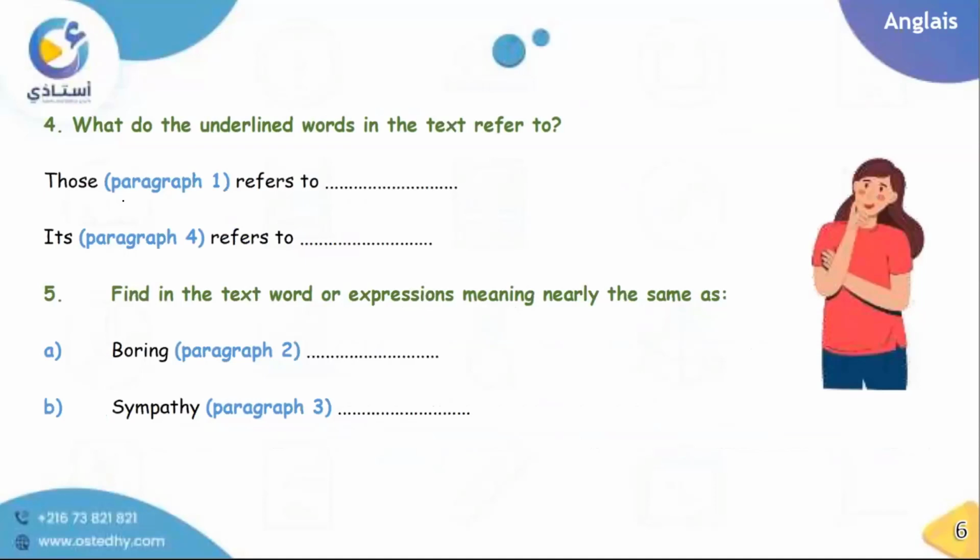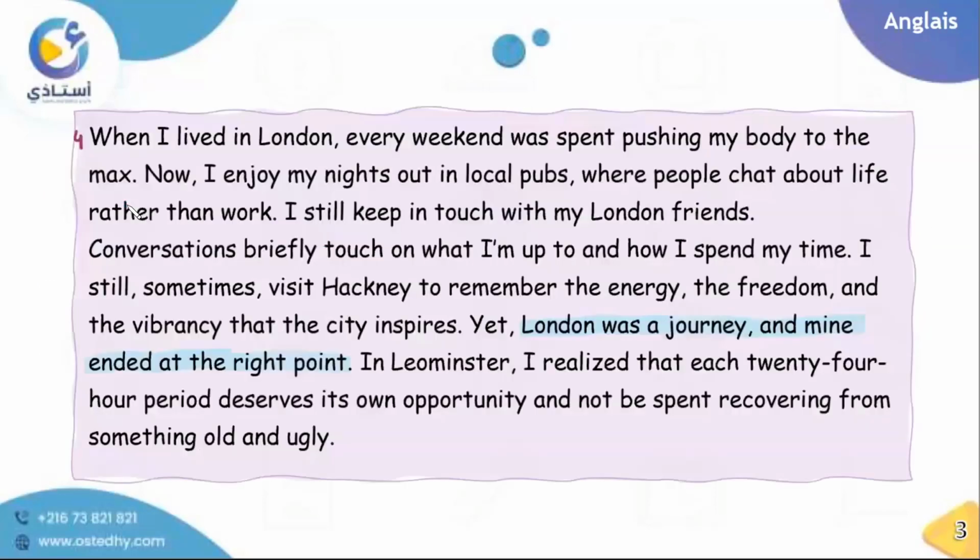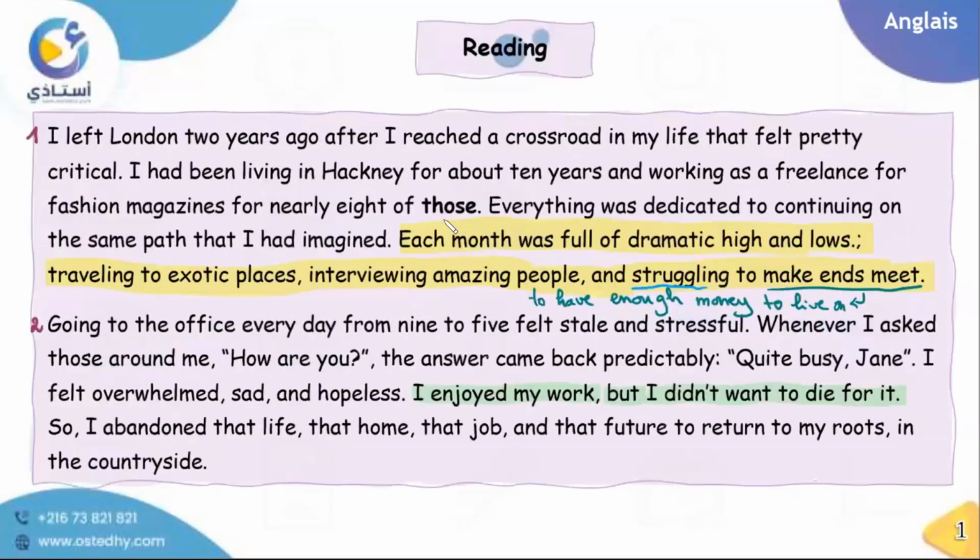Those in paragraph 1 refers to what or to who? In paragraph 1, here it is, those. What does those refer to? You read the sentence that contains those, or the sentence before or after it. Let's read the sentence. I had been living in Hackney for about 10 years and working as a freelance for fashion magazines for nearly 8 of those.